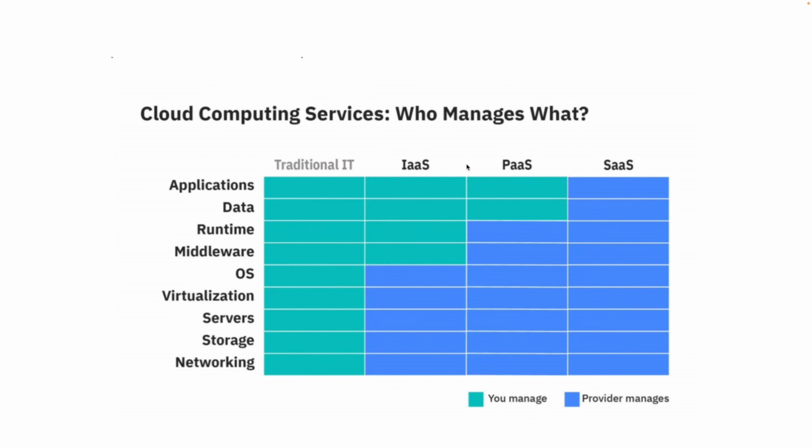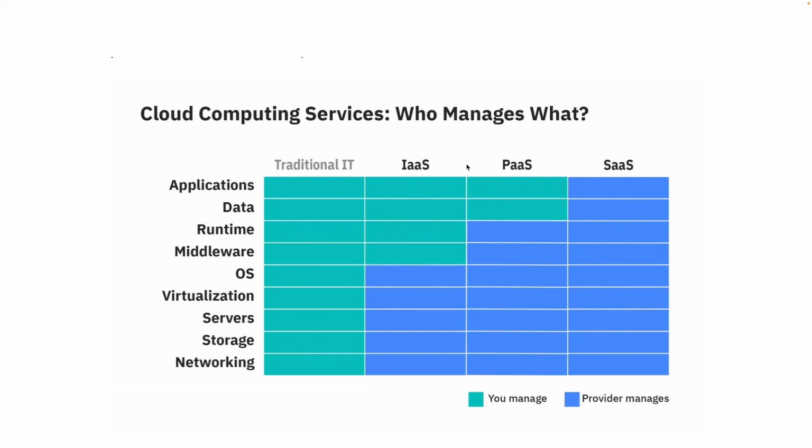And a third party comes into the picture, and they manage the OS or operating system, virtualization, different servers, storage solutions, and networking. So 50% of the elements are handled by the third party provider, and 50% of the elements are handled by an organization in-house. So this was infrastructure as a service.